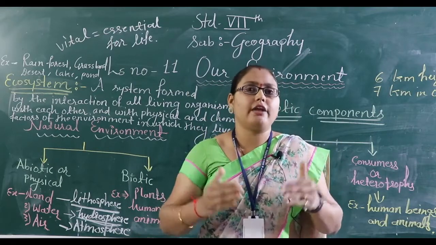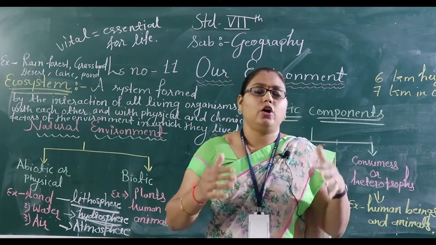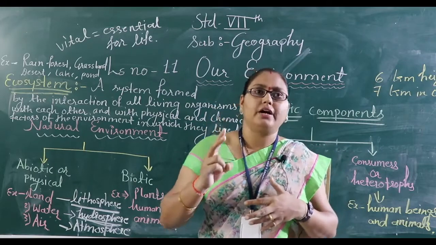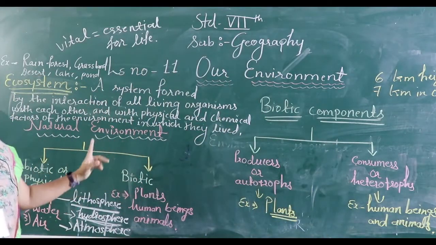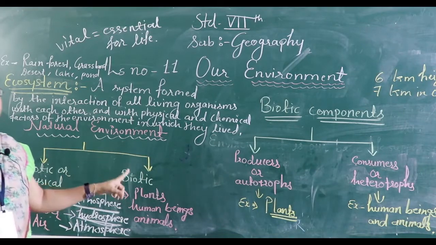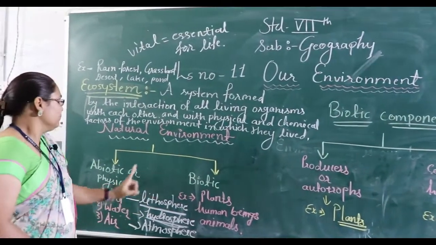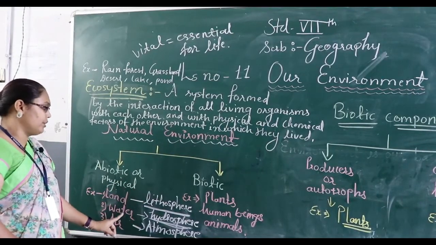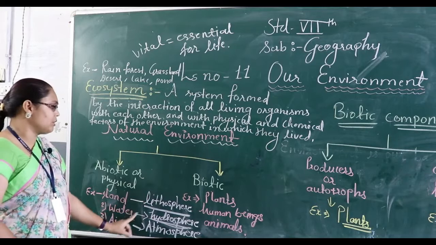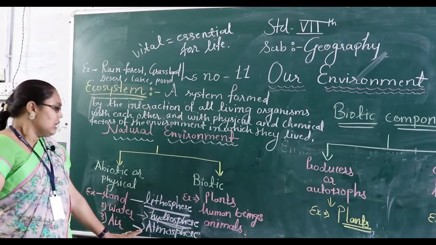The natural environment has two types of components, abiotic components and biotic components. Abiotic means non-living things, and biotic means living things. Abiotic component examples are land, water, and air. Land means lithosphere, water means hydrosphere, and air means atmosphere.